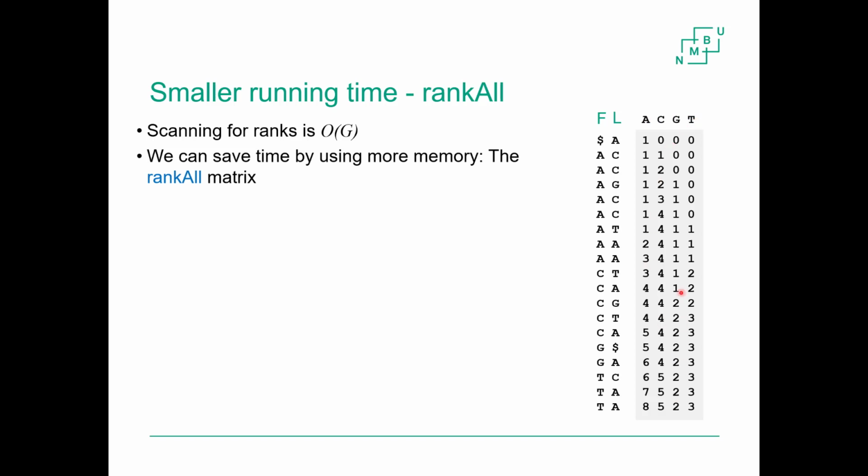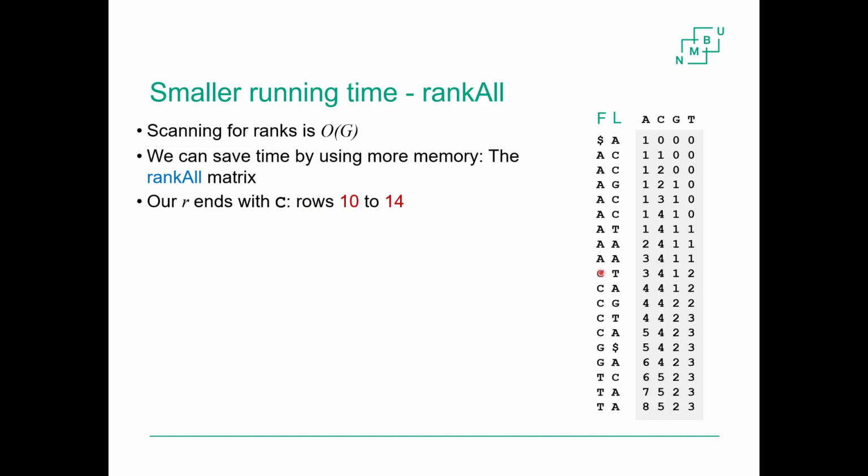That's why we use more memory, but this makes the lookup much faster. Let's see how. When we looked up the read, we looked up the last symbol in the read, which was a C, right?